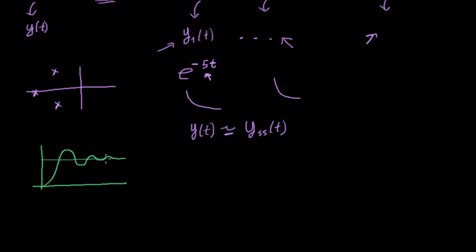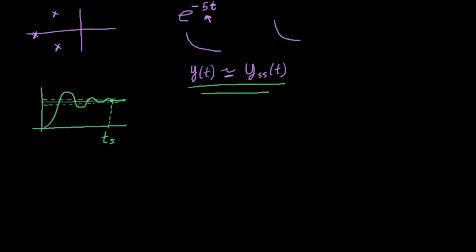So for example, here we know that there's a point in which the response is inside certain bounds, and from that point, which we call TS, the settling time, on we can assume that this holds. But this is for the step response.